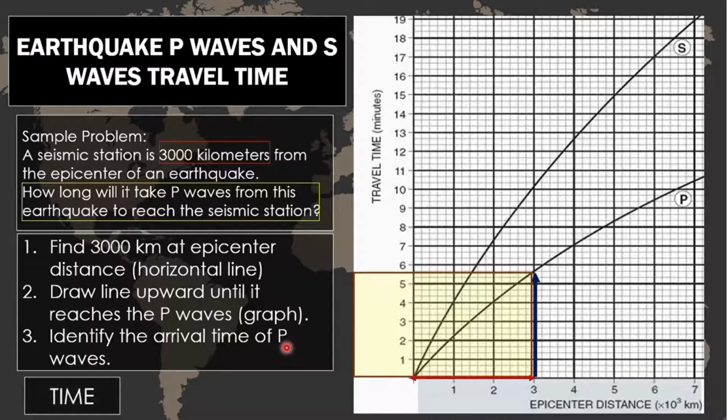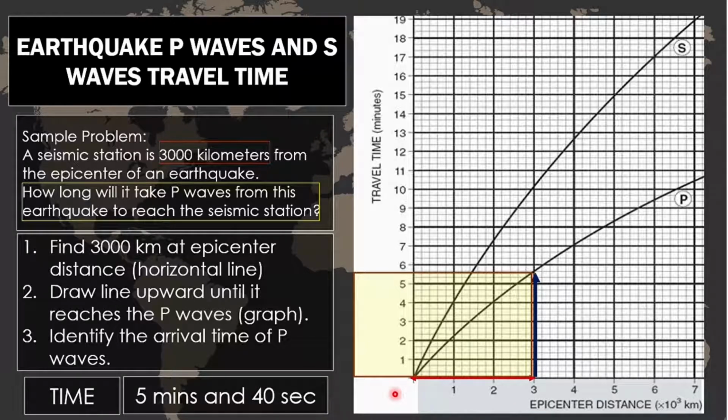As you can see in the graph, the highlighted portion is the time traveled of P waves until it reaches 3,000 kilometers. So we have 1, 2, 3, 4, 5 minutes, 20 seconds, 40 seconds. Therefore, the answer is 5 minutes and 40 seconds.